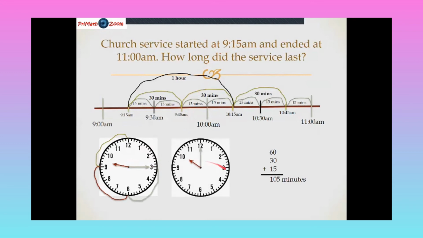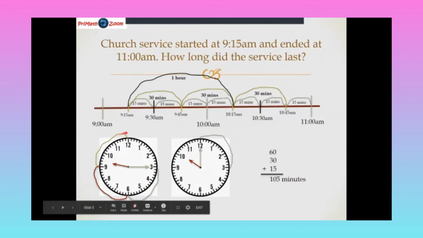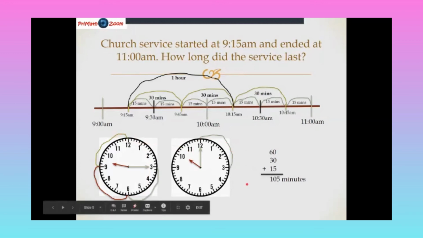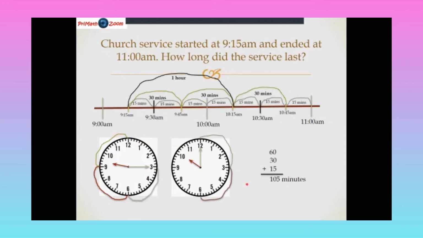Now, we're still not yet at 11 a.m. Because when we would have done 1, 2, 3, 15 minutes, we end up here at 10 o'clock. So from 10 o'clock, we have another 15 minutes, another 15 minutes, all the way around, another 15 minutes, another 15 minutes.